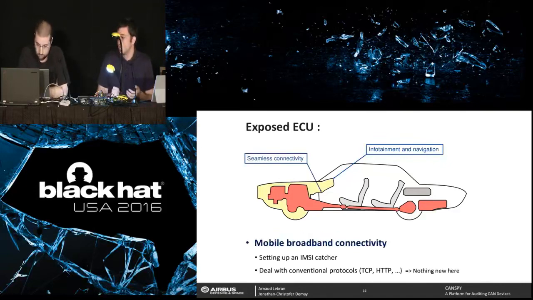The car also has mobile broadband connectivity for software updates or for remote diagnostics, even in case of emergency: if the airbags are triggered, it contacts the emergency services. But again, it's a standard broadband system with conventional protocols like TCP, etc. And again, nothing really new here. It's not specific to cars.